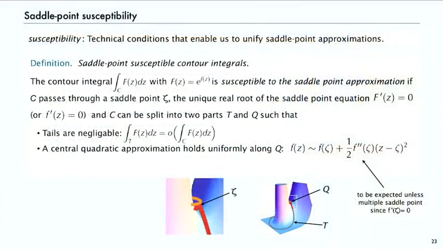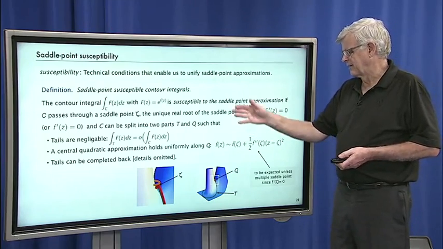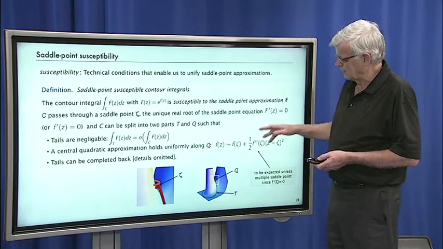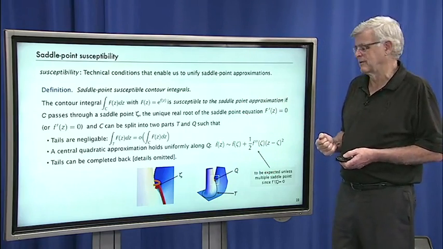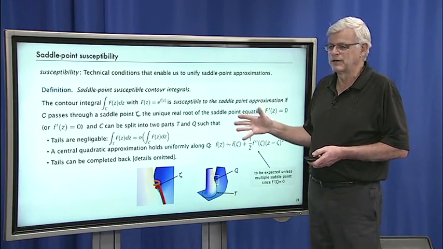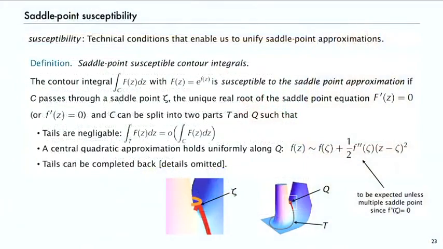If there's a multiple saddle point, then maybe there'll be some other part of the condition to worry about, but I'm not going to worry about that in lecture. Also the tails have to be negligible in the first place, and then however this estimate works, it has to be negligible to bring the tails back. And we'll look at a detailed example, but this kind of technical detail is more appropriate to read about in the book.